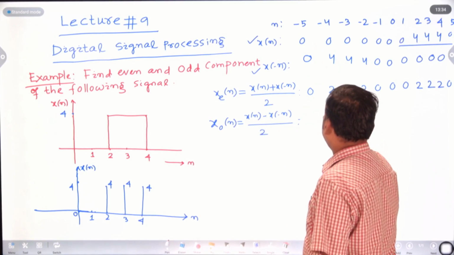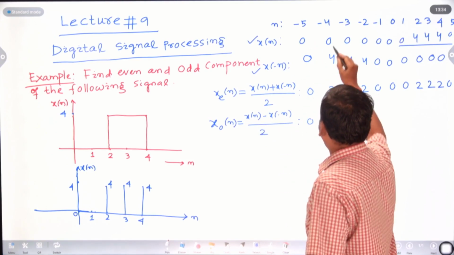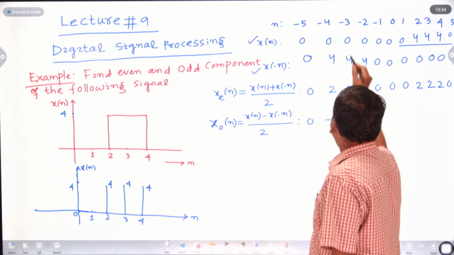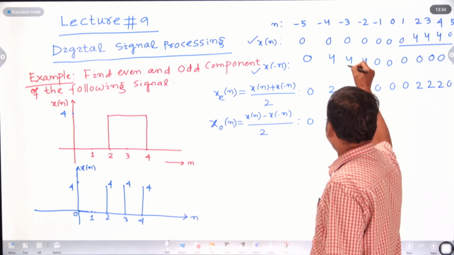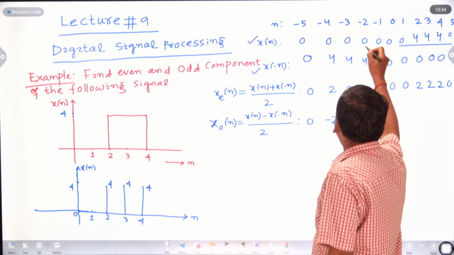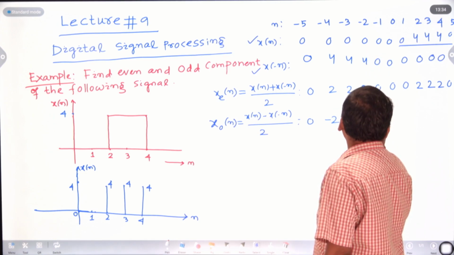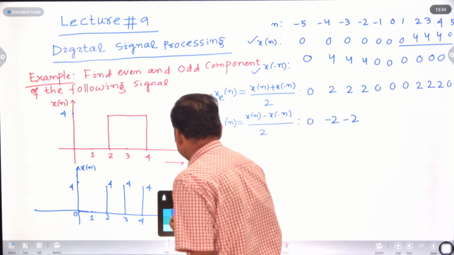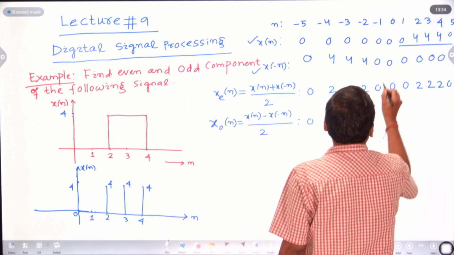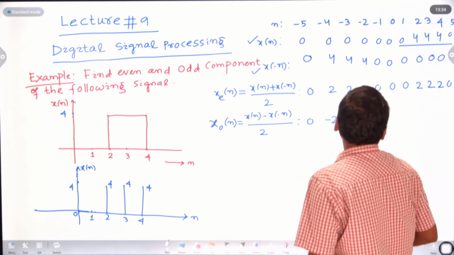0 minus 0, 0 by 2, that is 0. 0 minus 4 is minus 4, by 2 is minus 2. 0 minus 4, minus 4 by 2, minus 2. 0 minus 4 by 2, minus 2. Minus 2. So this is also 0.